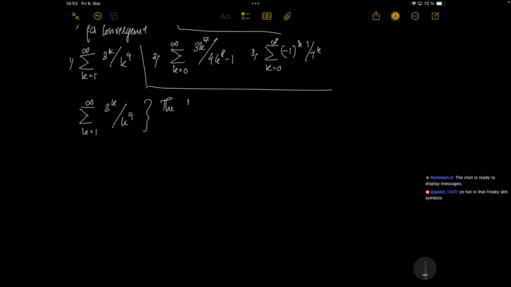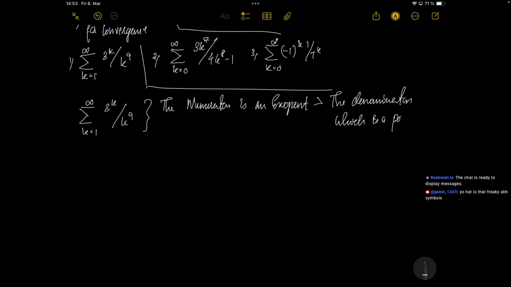The numerator is an exponent which is greater than the denominator, which is a polynomial?